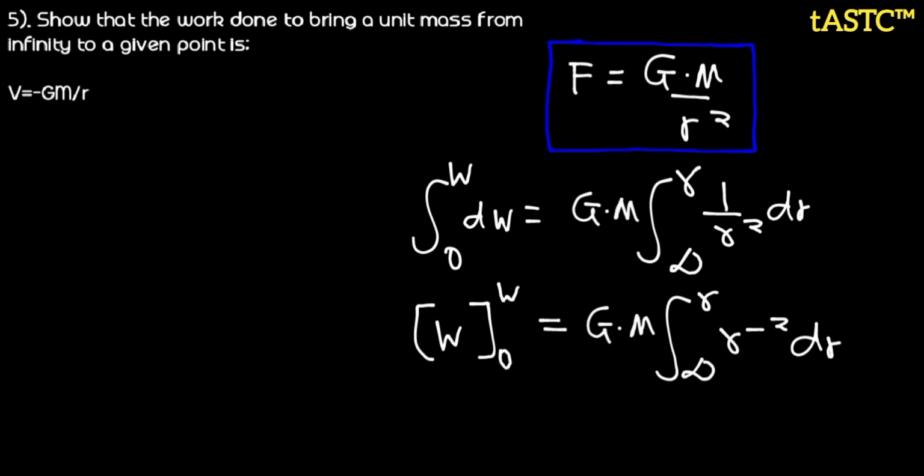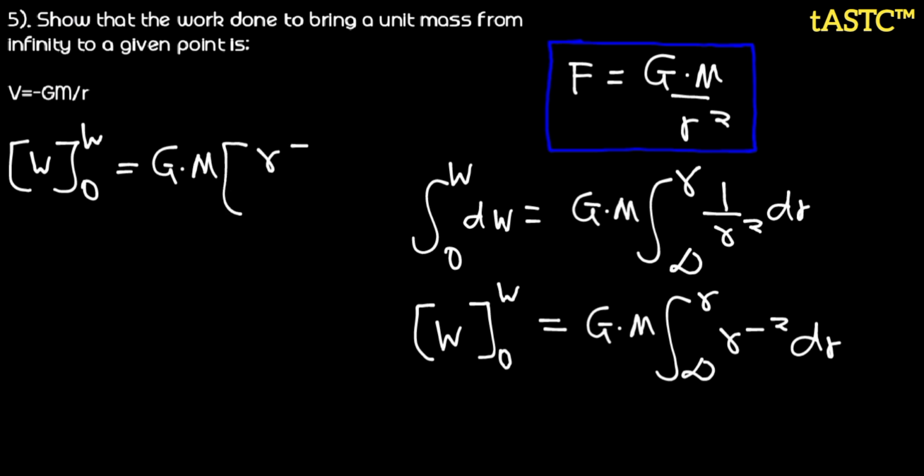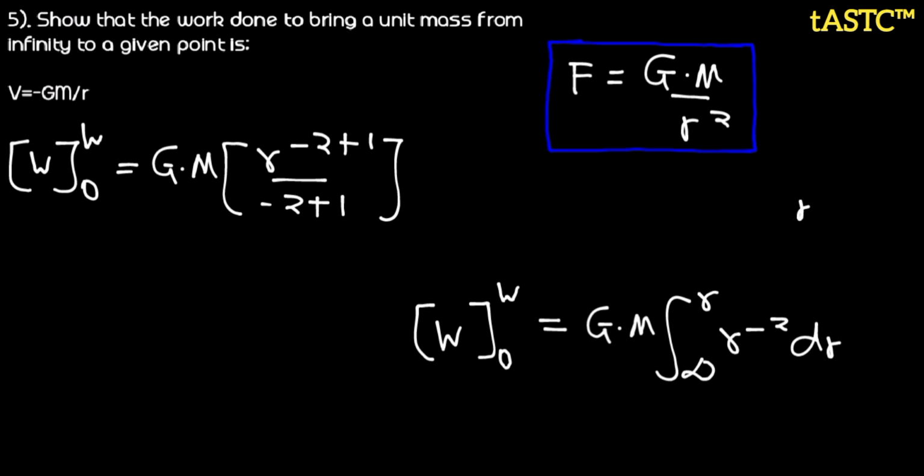Now we know from the power rule of integration, they should give us, so I'm going to leave this W here, and you have this. And on this side, we're going to have G multiplied by M, and we should have r raised to the power of negative 2 plus 1, and this will be divided by negative 2 plus 1. That is at the upper limit of r and the lower limit of infinity.